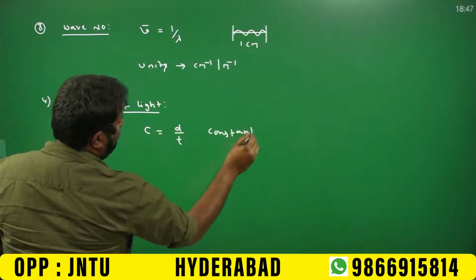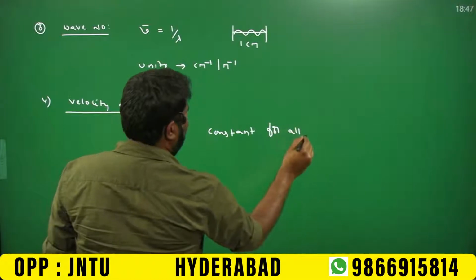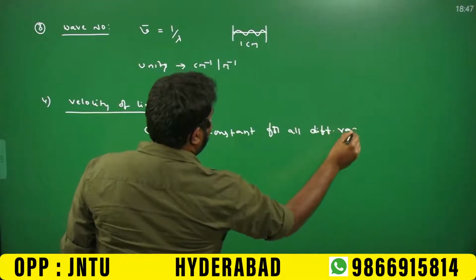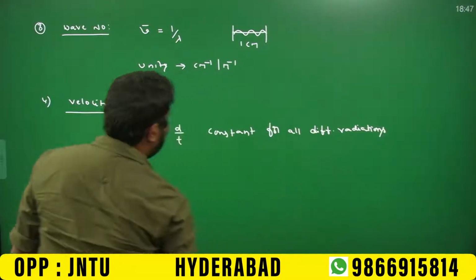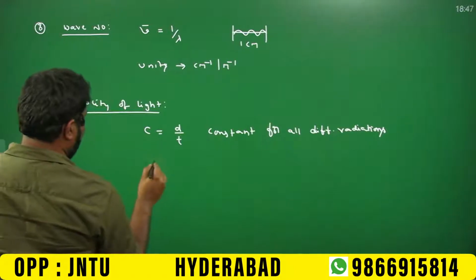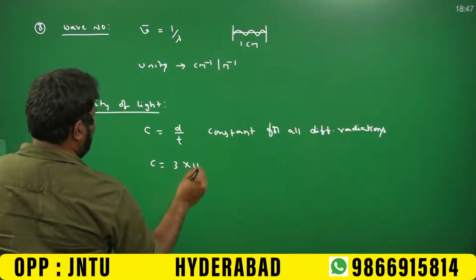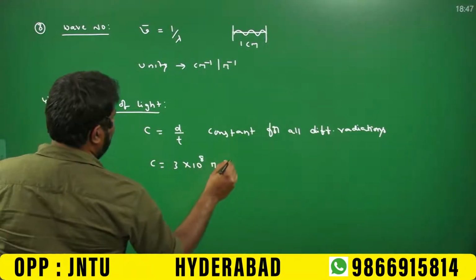For any radiation, you can take only one value. The value is c equal to 3 into 10 power 8 meter second inverse.